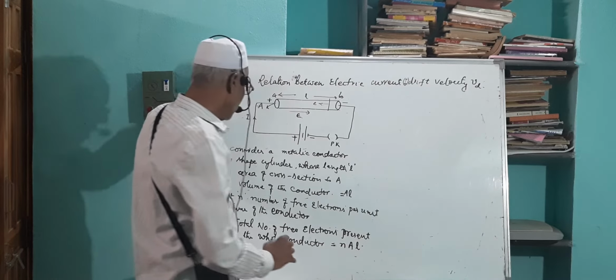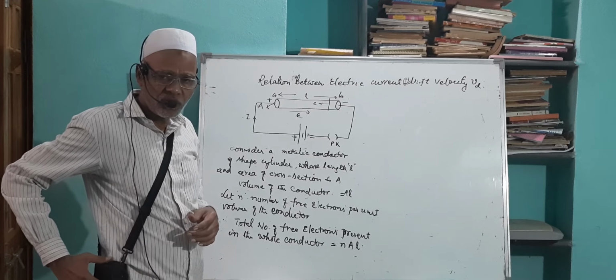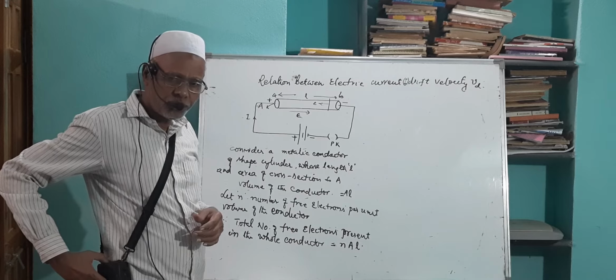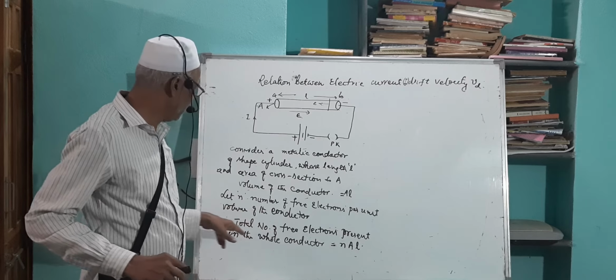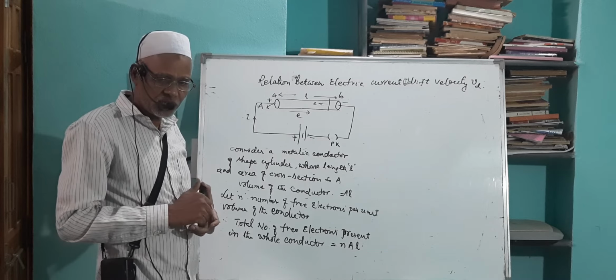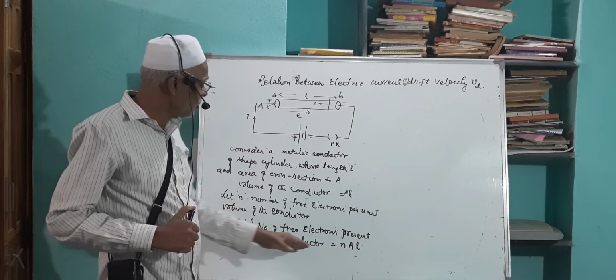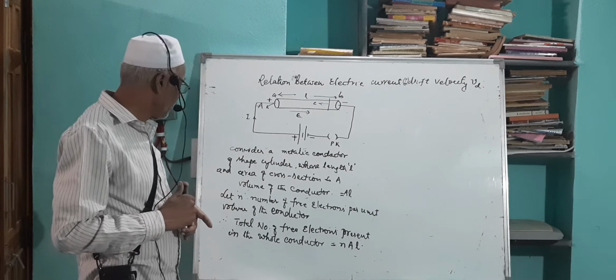These many electrons are present inside this cylinder, inside this conductor. In order to find out how many free charges are there in the conductor, with this expression you can find the number of electrons present in the conductor.